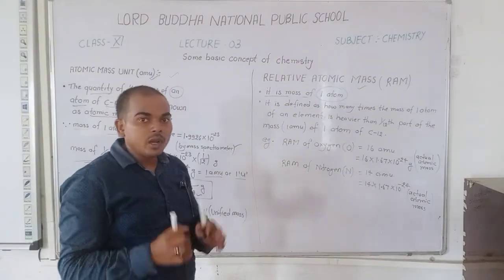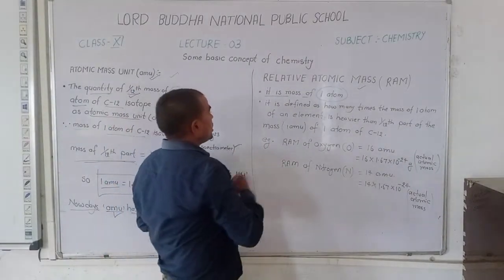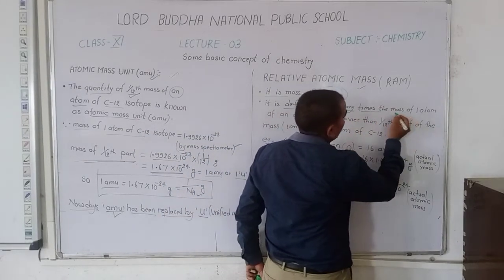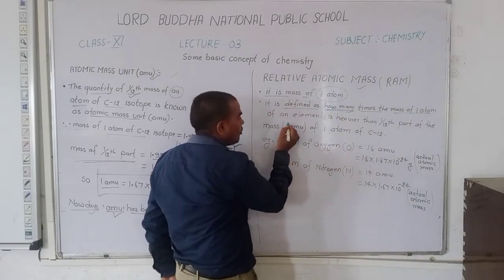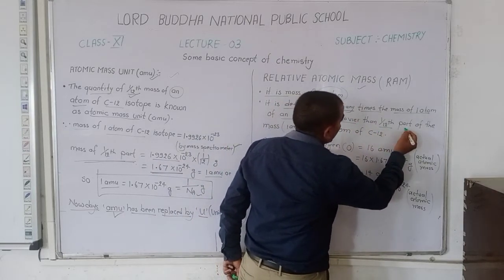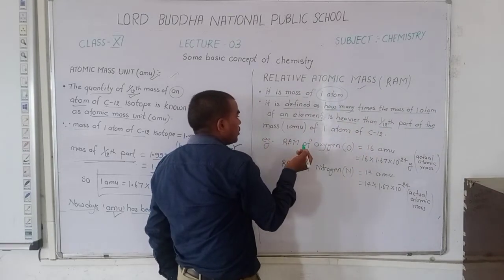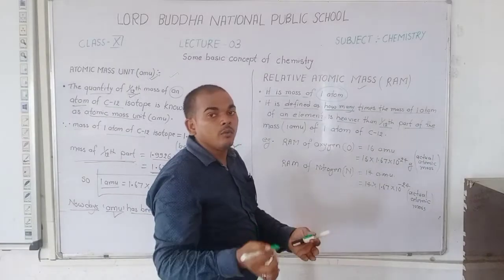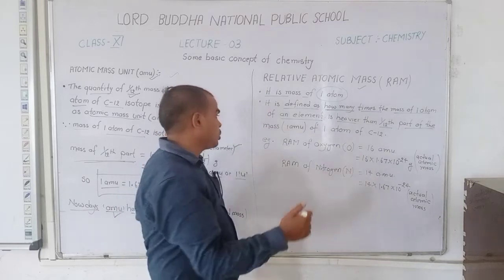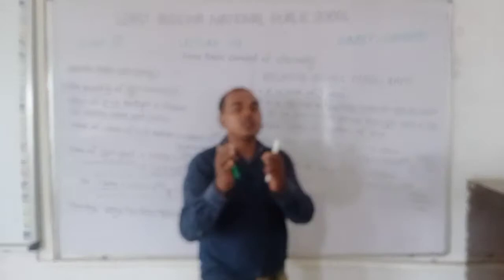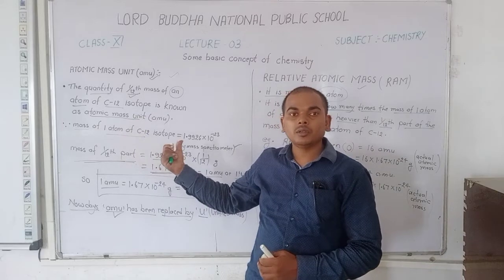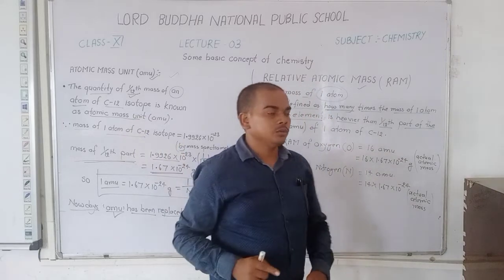It defines how many times the mass of one atom of an element is heavier than 1/12 part of a carbon atom, which means 1 AMU.